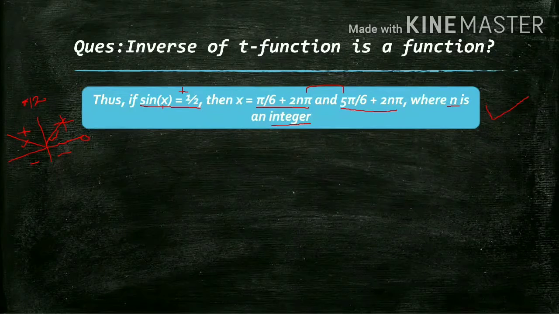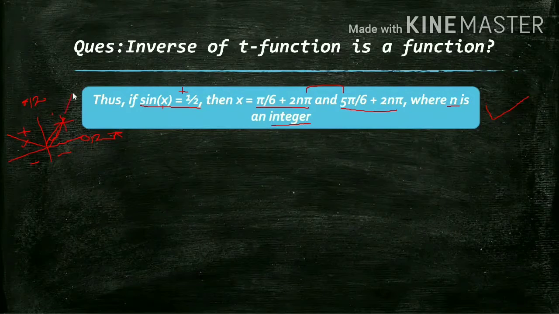It can't have this half value at two angles in a single quadrant. Similarly, at pi by 6, it assumes the value again after 2 pi radians. That means after moving ahead, this angle is 0, it can also be 2 pi.